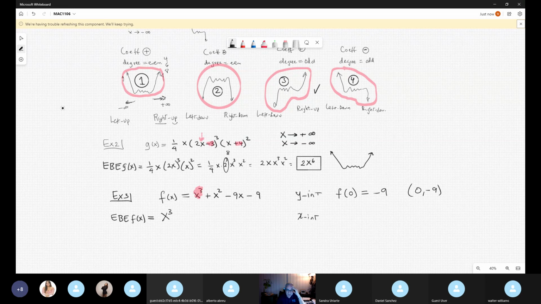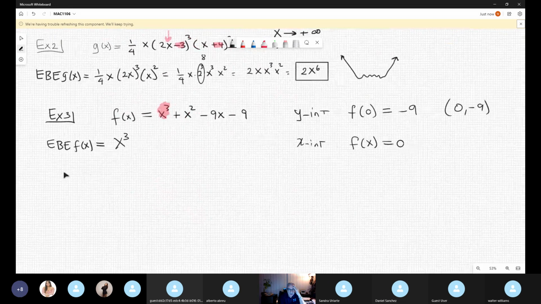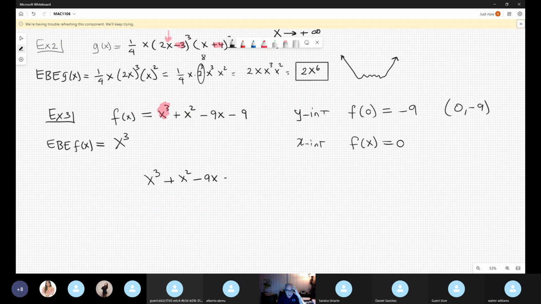But the x-intercept is always more complicated. You take the polynomial function and you force it to be 0, and you have a complicated equation, maybe, or not. In this scenario, we have x cubic plus x squared minus 9x minus 9 equals 0. So I try to do my best with the factorization of this.